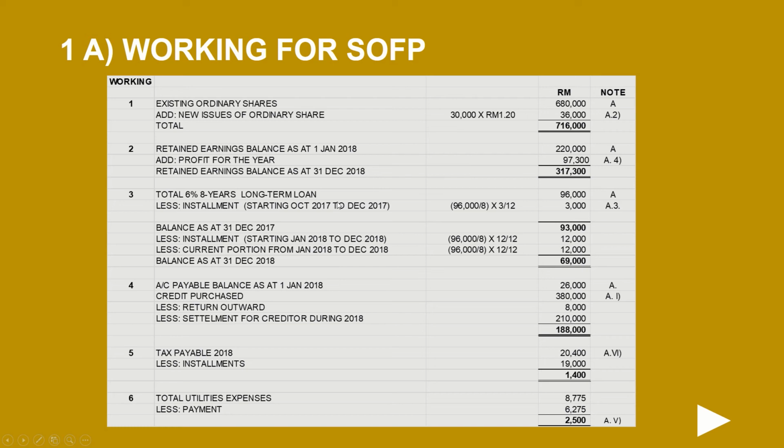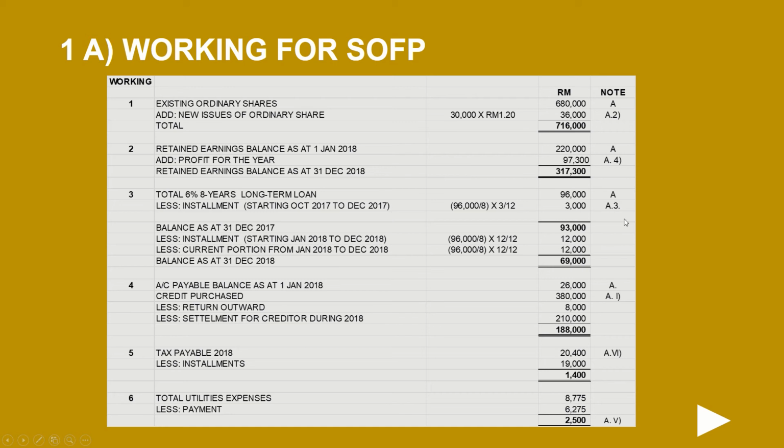Okay, the total amount of the long-term loan is 96,000. This information is given in information A. And then you need to minus the amount of installments from October 2017 to December 2017.